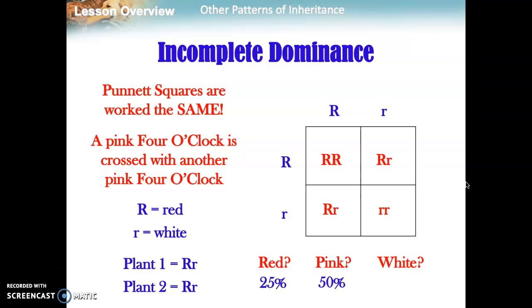The only way to ever get a recessive trait is to have two recessive alleles. So we have two small r's, and that is 25%. So very simple. Do the Punnett square. Again, what you have to remember, if you get a heterozygous genotype, you're going to have a third phenotype. That is incomplete dominance.